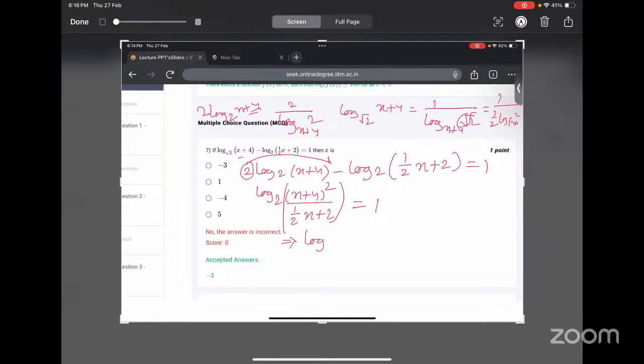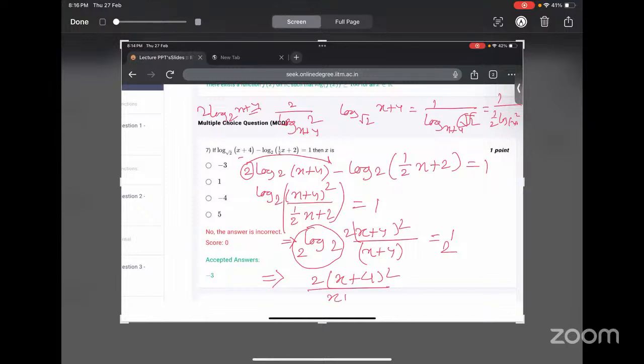So then log 2 x plus 4 square, and this will be x plus 4 by 2, that means we can take this 2 over here, equals to 1. Now if I take 2 here and 2 here, then this term will be 1, and we will get 2 into x plus 4 square by x plus 4 equals 2, right?